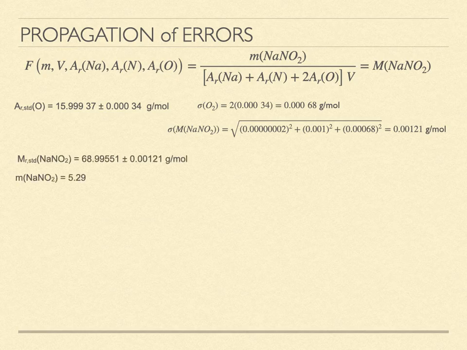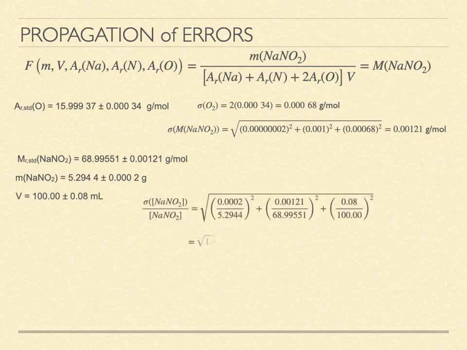Here now are the three variables along with their standard deviations, which we combine to find the concentration. You're just left with multiplication and division, which, within our framework, have the same relationship for error propagation. Divide each absolute standard deviation by the value of the corresponding variable to get the relative standard deviation. Now combine these as the square root of the sum of the squares to get the relative standard deviation of the result.